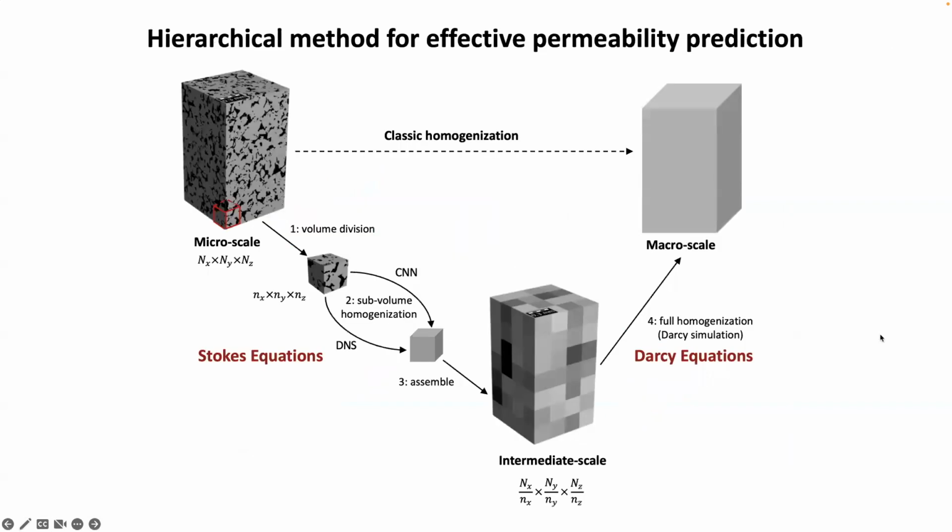Once we obtain the permeabilities of subvolumes, we can assemble the upscaled rock model and compute the effective permeability of the full rock volume by solving the Darcy equations at the intermediate scale.